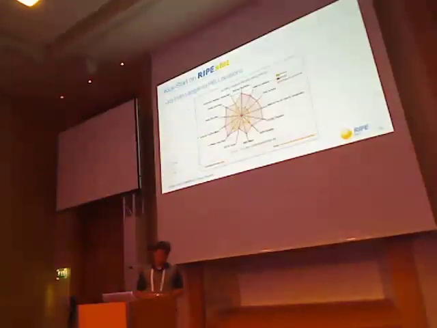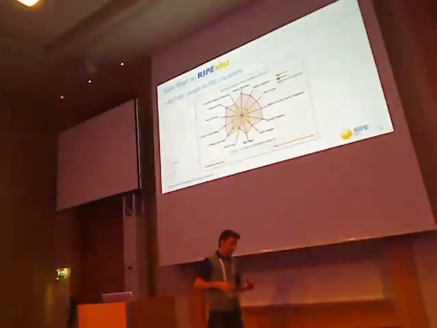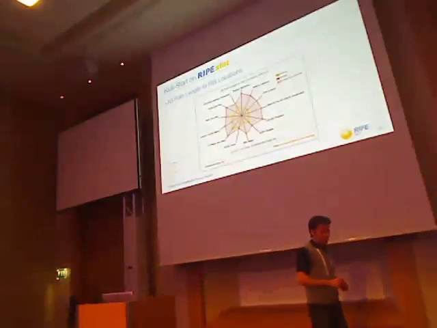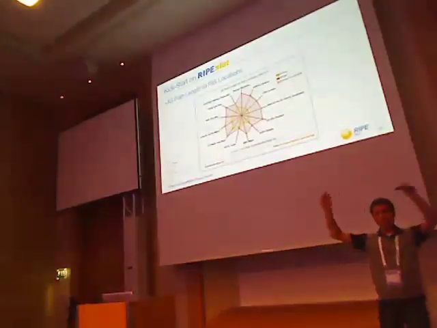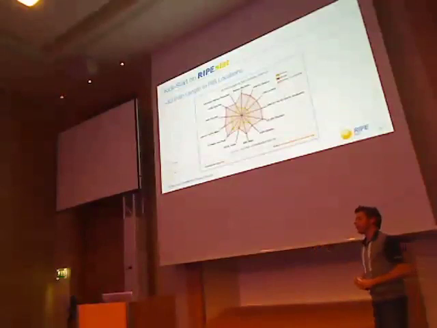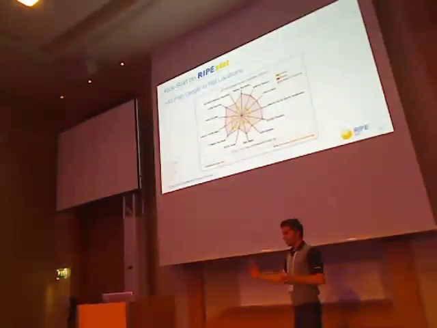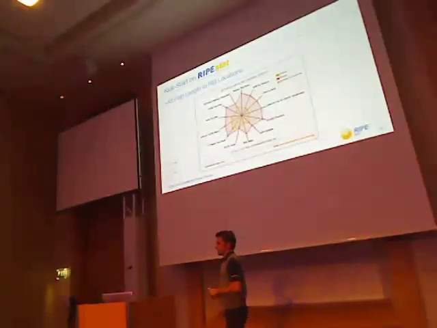The next view, again, is based on routing information, and if we take all our locations of the RRCs, we measure the AS path towards our peers.